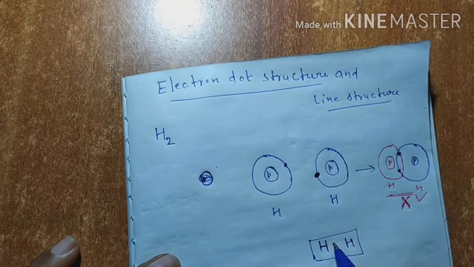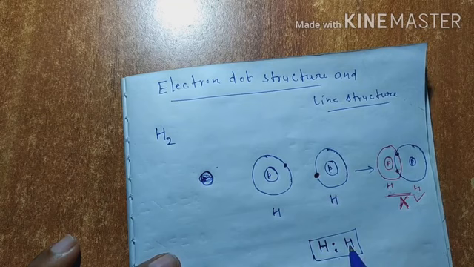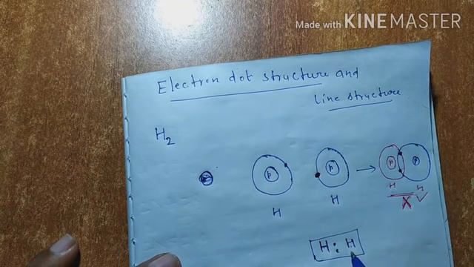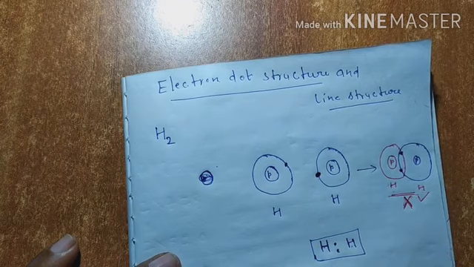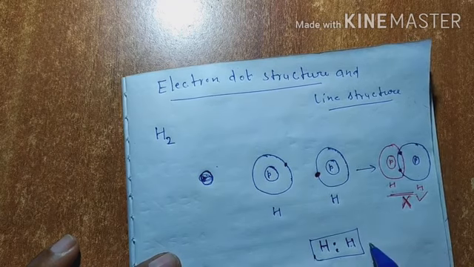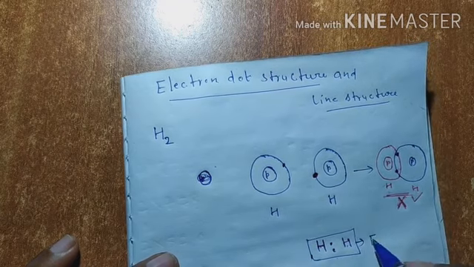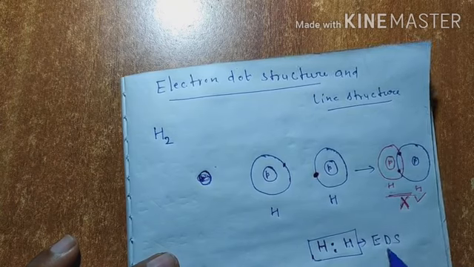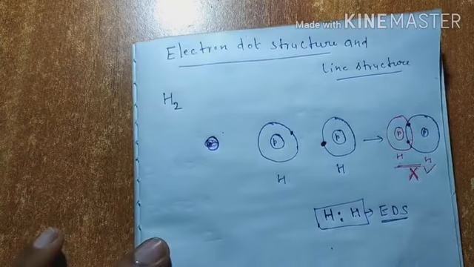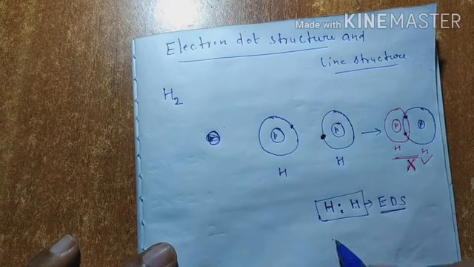This electron belongs to this hydrogen atom, and this electron belongs to this hydrogen. But if you want to draw the line structure, then what do you have to do? Again, this is the electron dot structure, EDS, right? Line structure.